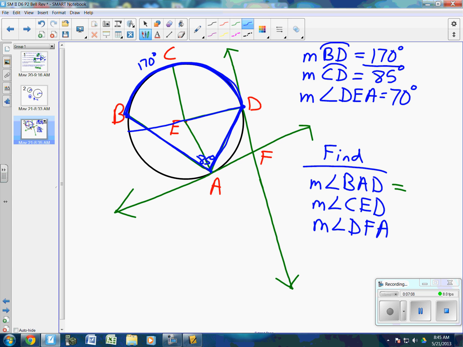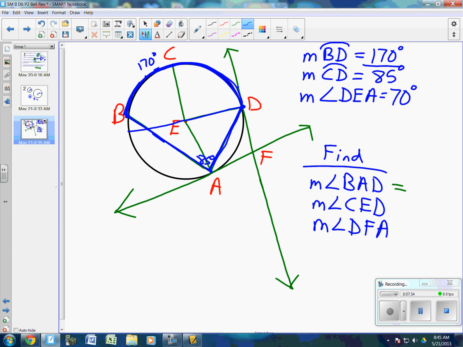So arc BD is the intercepted arc, and we know that the measure of angle BAD is going to be half of arc BD. So half of 170 is 85. Raise your hand if you don't get that. Raise your hand if you do get it. Raise your hand if you're so-so.